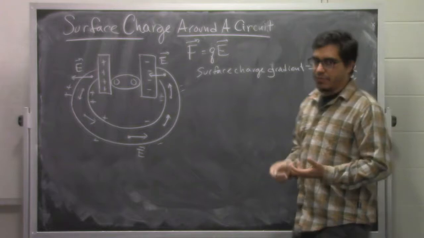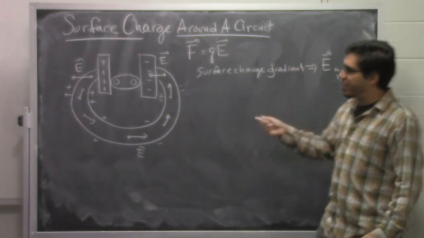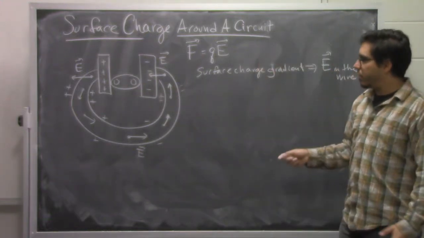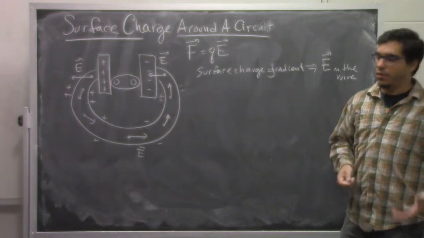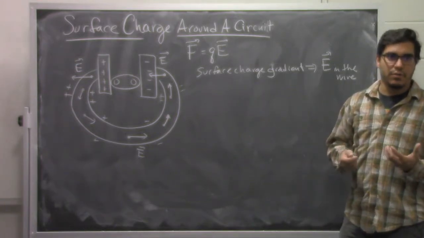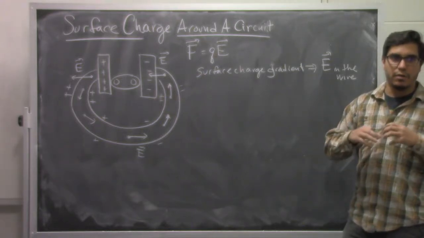It's that electric field in the wire, that's a result of the surface charge gradient plus any electric field associated with the battery, that drives this current around. Now, it turns out that under our steady state assumption, that electric field is going to be a constant value. It'll be slightly different in different parts of the wire depending on the size of the wire and so forth.